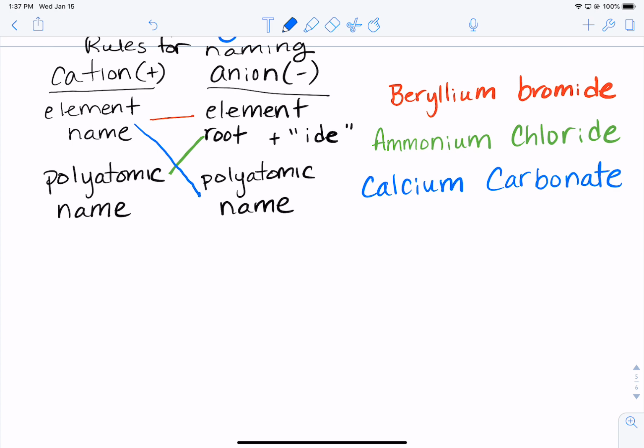And then what if you had a polyatomic cation and a polyatomic anion, this marriage? You could have something like ammonium, you just use the name, and then maybe sulfate.